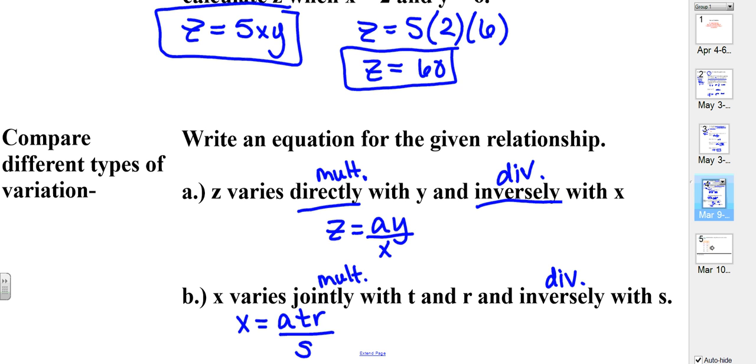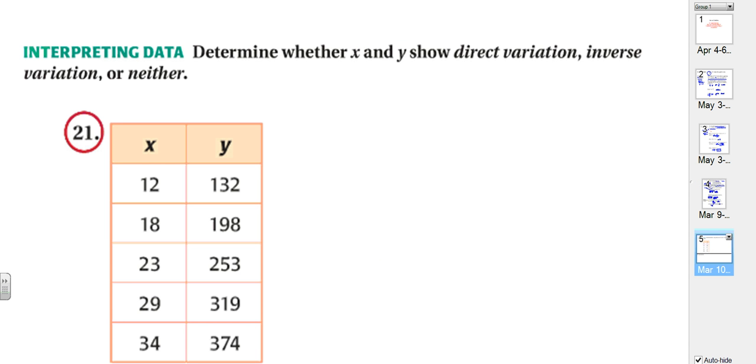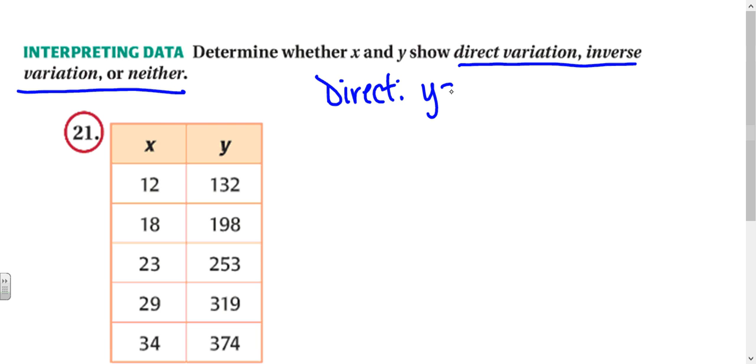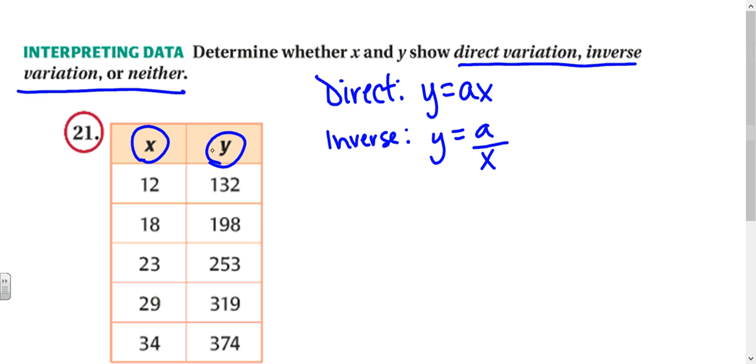I have one last type of example that I want to show you using a table. So it says, determine whether x and y show direct variation, inverse variation, or neither. So remember, direct variation is y equals a times x, and inverse variation is y equals a divided by x. Now, if I see this equation, I have an x and I have a y, but I do not know what a equals.